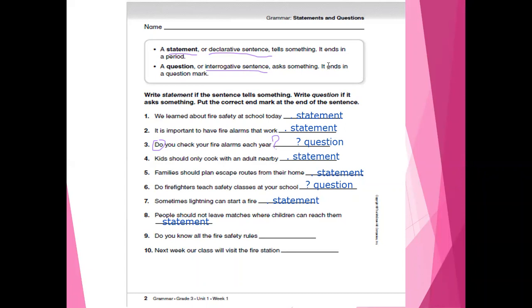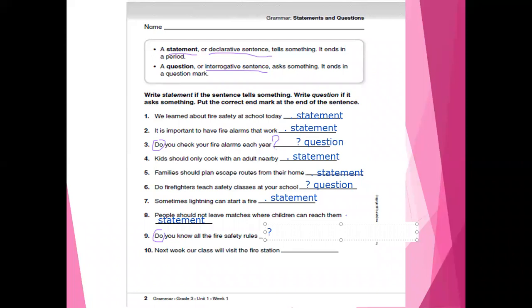We should put a period at the end of the sentence. And let's erase that here and erase the other word. So, do you know all the fire safety rules? Do you know them all? Here is a question. It begins with a question word, so we should put a question mark.